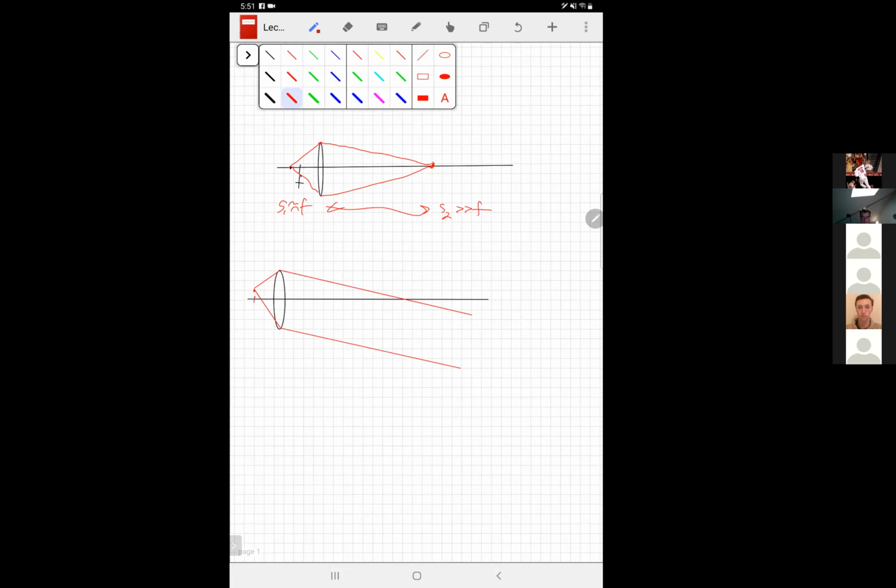So this is exactly one focal length away. If it starts at distance y off axis, then tan theta is y over f. And I should really call this F_O for the objective. All right, this is an infinity corrected objective.